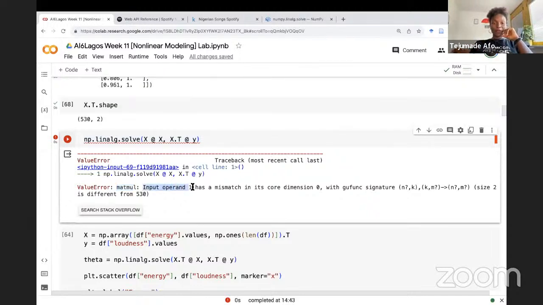It says input operand 1 has a mismatch in its core dimension with this signature. It even tells you that n by k, this k should be equal to the k here, so that you can have n by m. But it looks like this is not the same. You have a different shape, so I cannot multiply things.